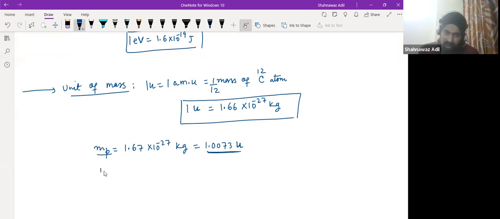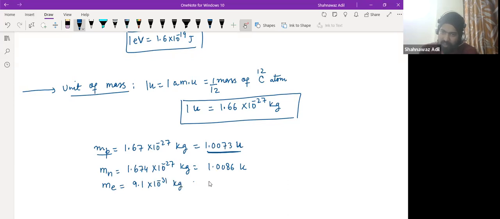The mass of the neutron is also about 1.674 × 10^-27 kg, and this is 1.0086 U. Then we have the mass of the electron, which is 9.1 × 10^-31 kg.